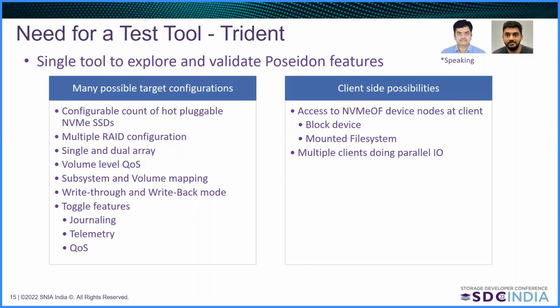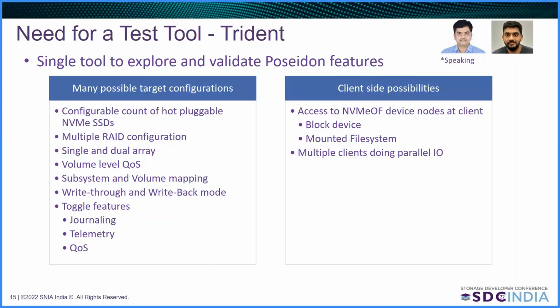You can enable journaling and then execute IO, or you can do it with journaling disabled. On the client side, the exposed volume is seen as a block device that can also be mounted with Linux file systems. Multiple clients can connect to any given target with a single subsystem or multiple subsystems and run parallel IOs. Looking at these levels of configuration, many possible test scenarios come out of it.